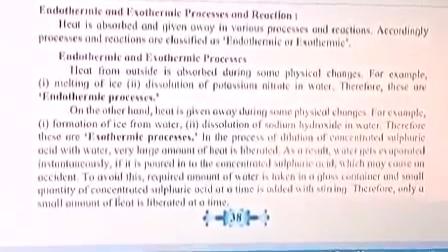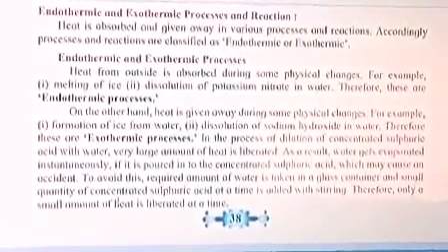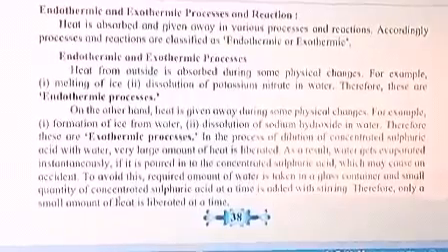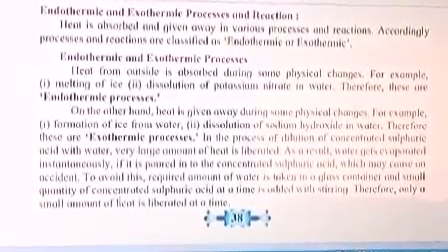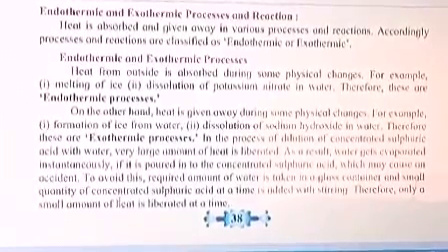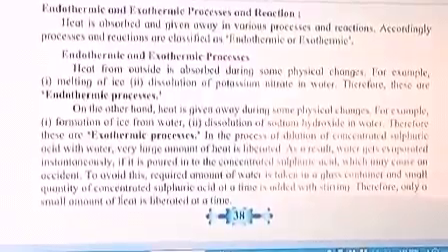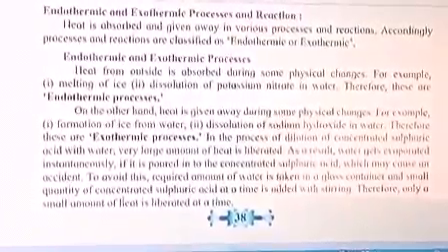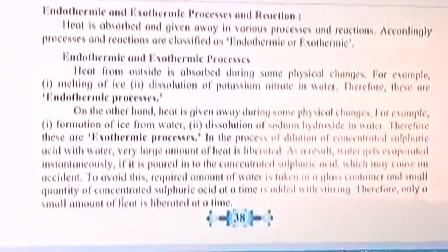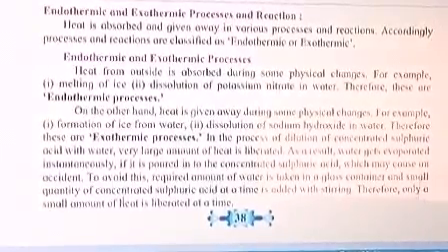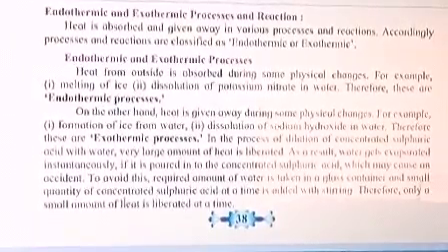In some chemical reactions and processes, heat energy is given out. In some other reactions and processes, heat energy is absorbed. On this basis, we can classify chemical reactions into two types: the endothermic and exothermic reactions and processes.